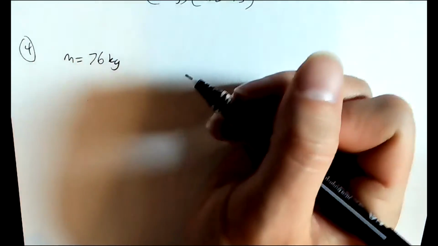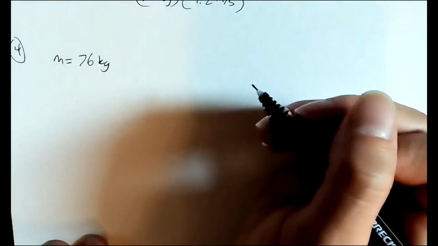In the next question, we're asked, what is the momentum of 76 kilograms? So we have a mass of 76 kilograms this time of a horse. Should I try to draw a horse?